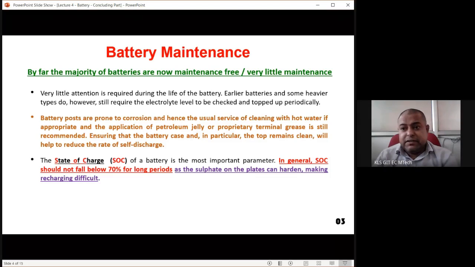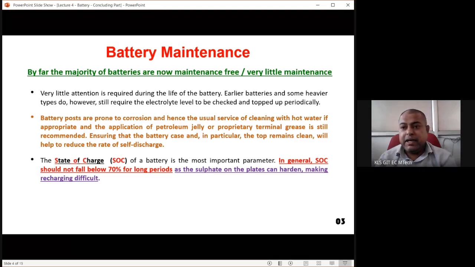This third paragraph is very important. What we have to see is the state of charge. State of charge means how much charge is stored. That is the most important parameter in the case of any battery. In the previous type of battery, when we could open the seal to put in distilled water, we used a meter called a hydrometer.